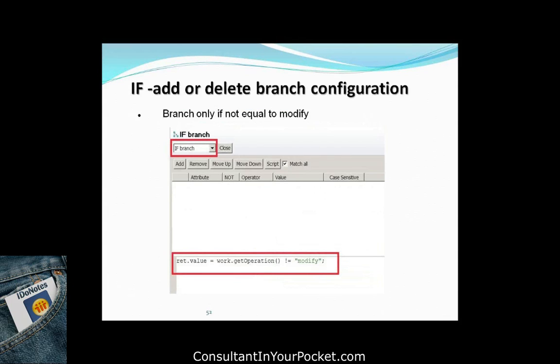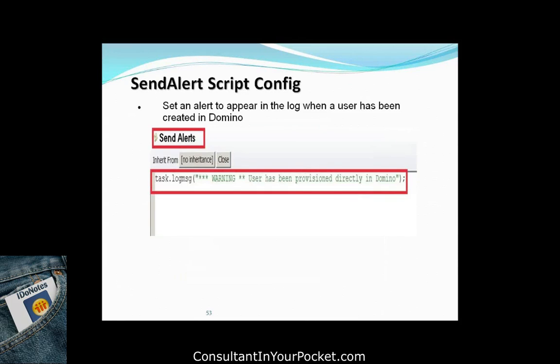So we're including a little bit of script here in our branch to say if it's not been modified, if it's an add or a delete, we're going to send an alert. Where this shows up is actually in the TDI log.